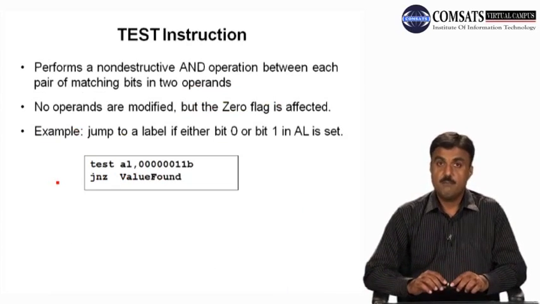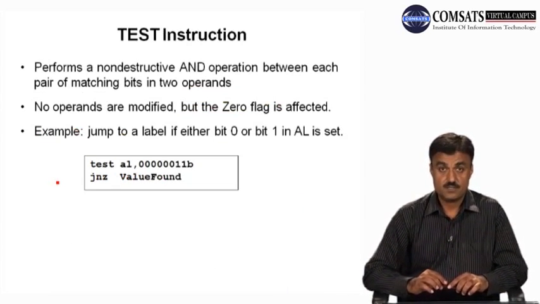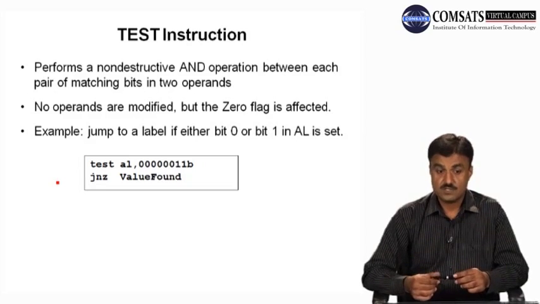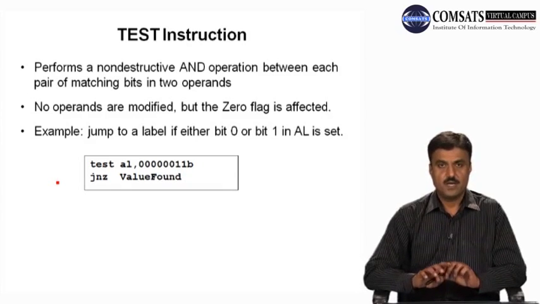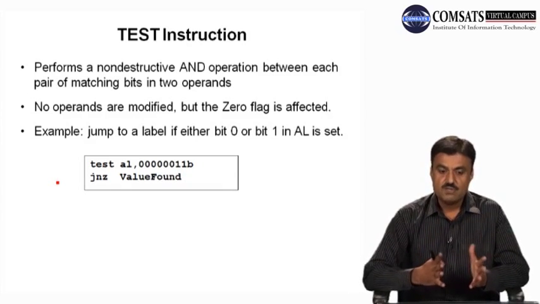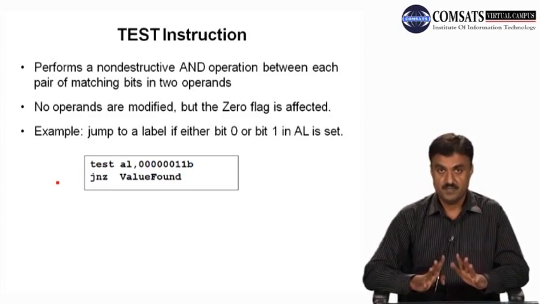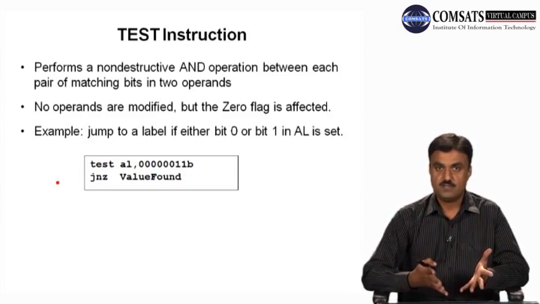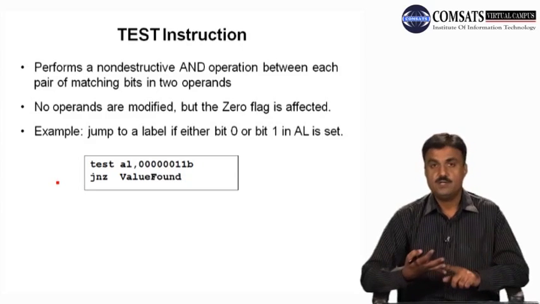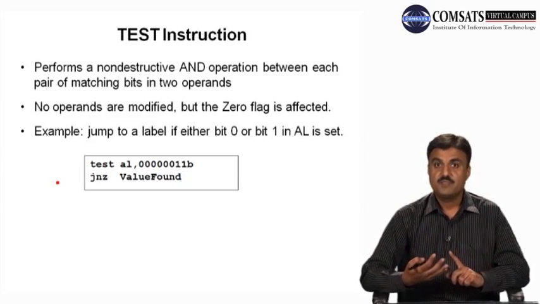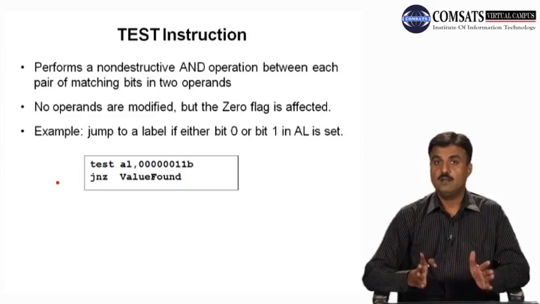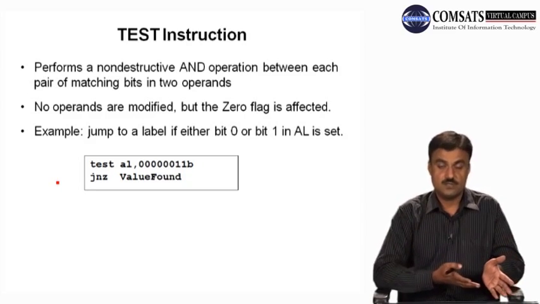Now there are two comparison instructions: the test instruction and the compare instruction. The first is the test instruction. This is a non-destructive instruction. It performs a non-destructive AND operation, meaning it will perform the AND operation, but the destination will not be modified. AND or exclusive OR and the other instructions perform the operation and the result is moved to the destination register.